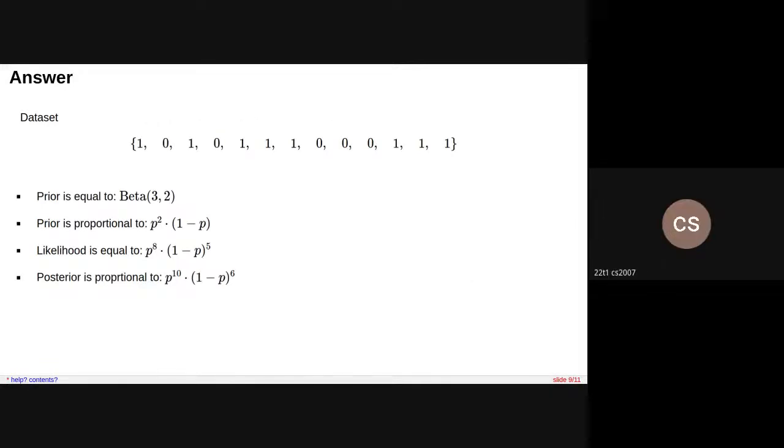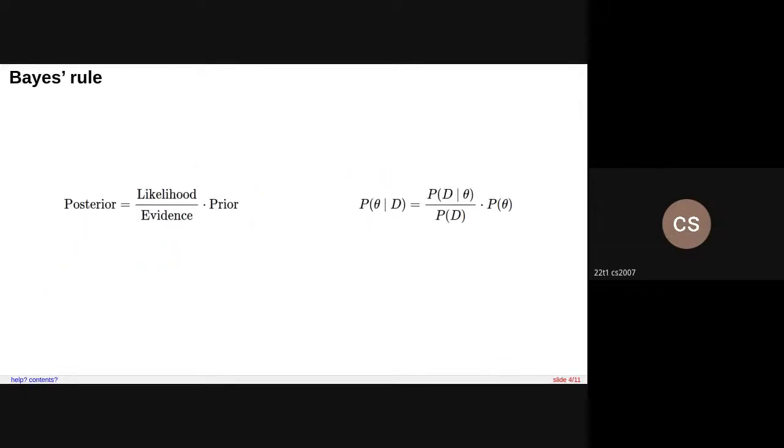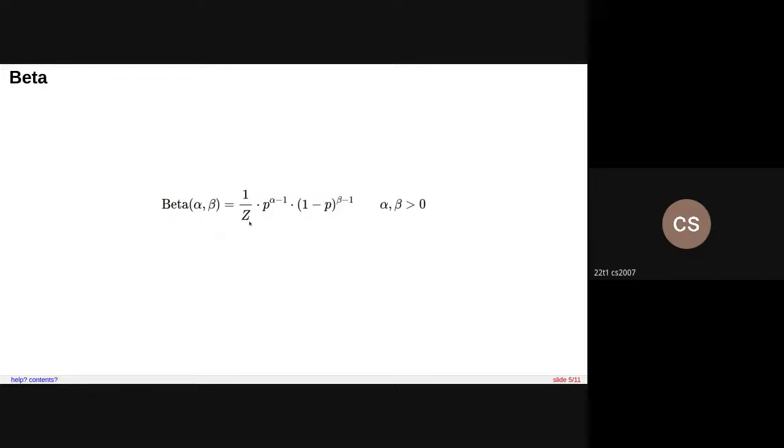Just to see if you all know this part, if you take the beta distribution, how will you get this Z value? You say it's a normalizing constant, that is fine, but what is the value? If I want to compute it, what should I do?